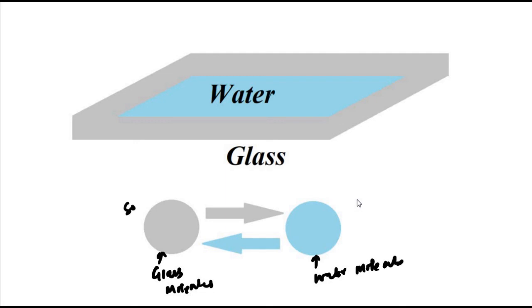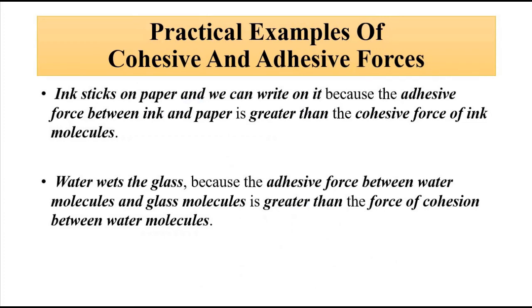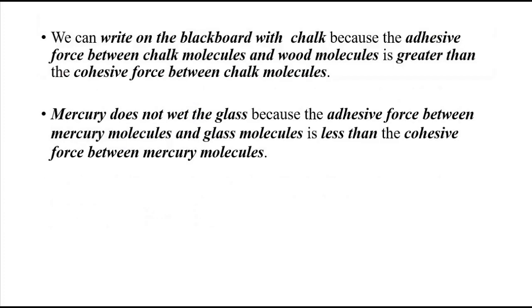It is solid, it is liquid. So there is a force of adhesion between the solid glass and the liquid water. Because of this adhesive force between glass and water, water is able to wet the solid glass. Okay, so these are some of the practical examples of cohesive and adhesive forces.